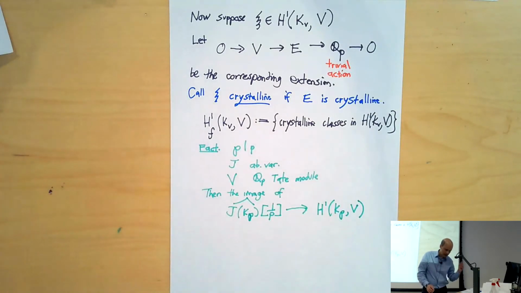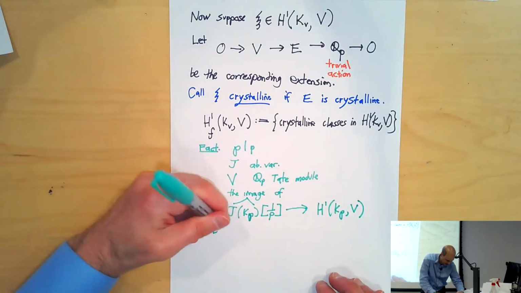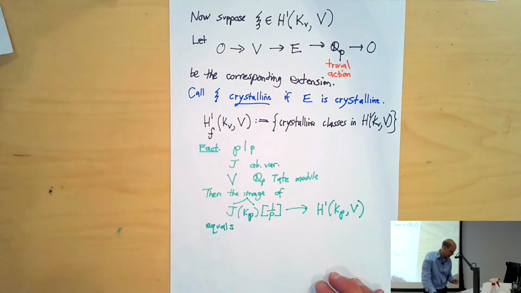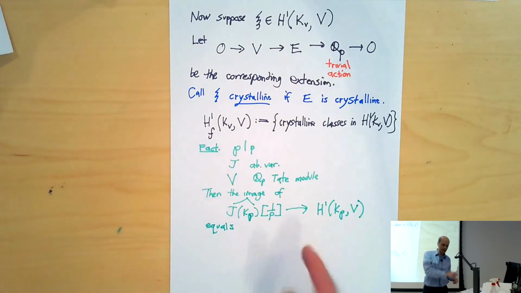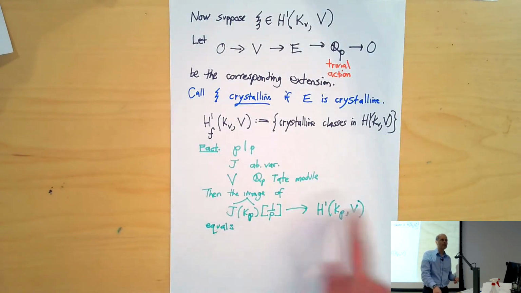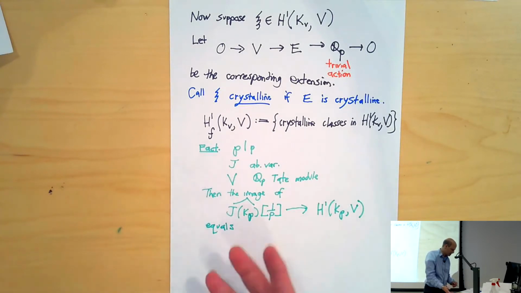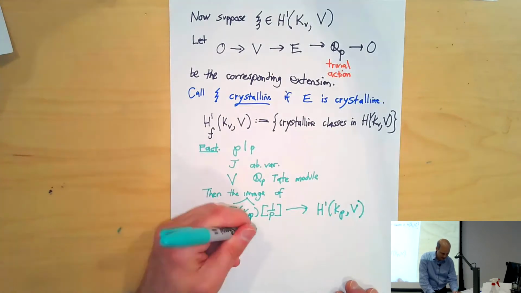And the claim is about that image. Maybe you know that if you study this for elliptic curves, and you look at a prime of good reduction, and you look at the image of the local points inside the Galois cohomology, you get exactly the unramified classes. So the generalization of that in this case is that you always get the crystalline classes.